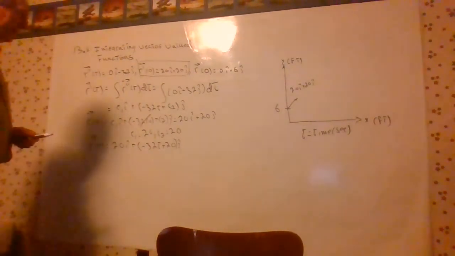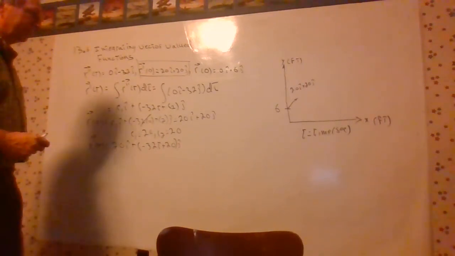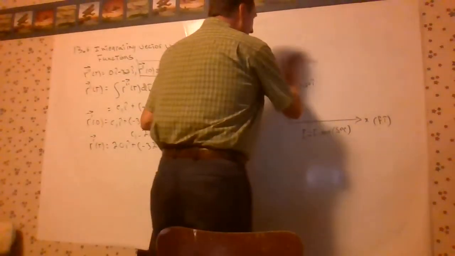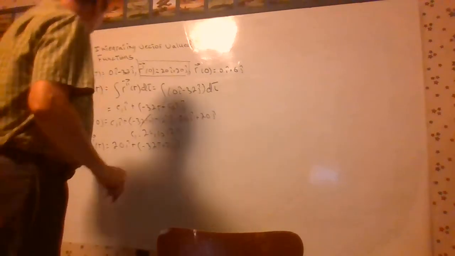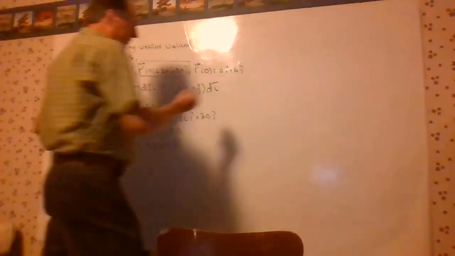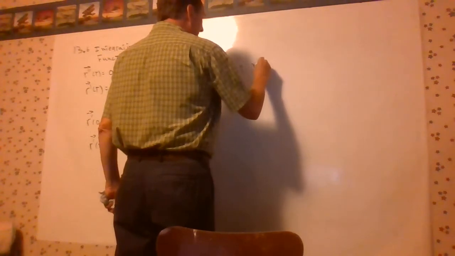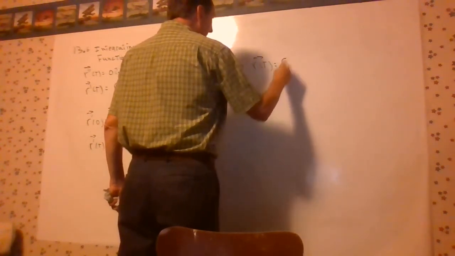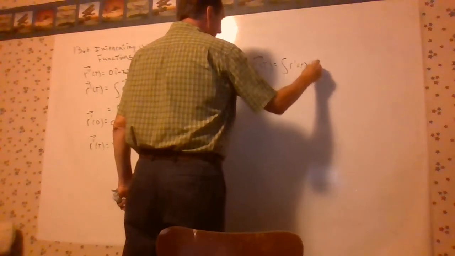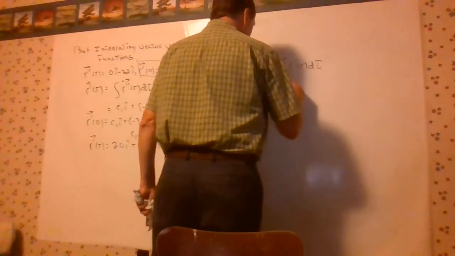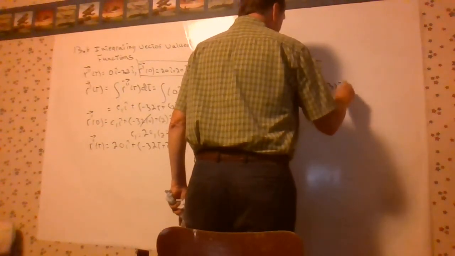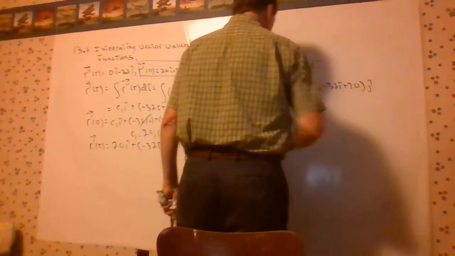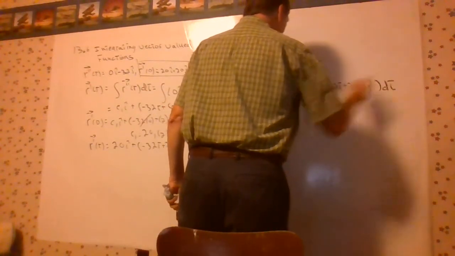Next, we want to do a second integration, and this way we can find r of t. To cancel out this prime, we do another antiderivative. So r of t is the antiderivative of r prime of t dt. Let's put all this in: 20i plus negative 32t plus 20j dt.